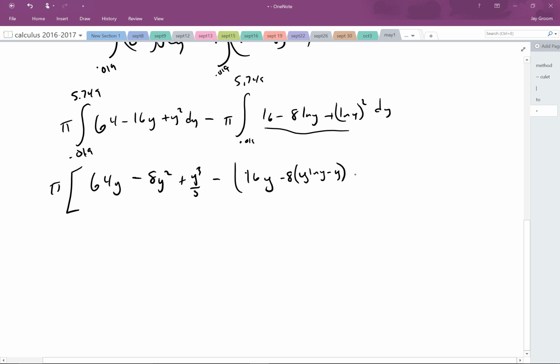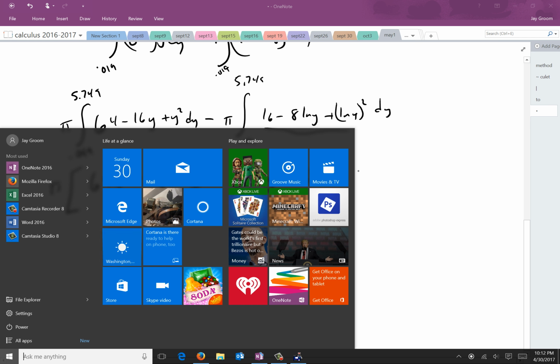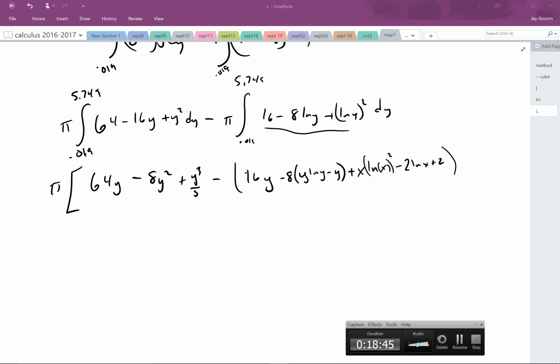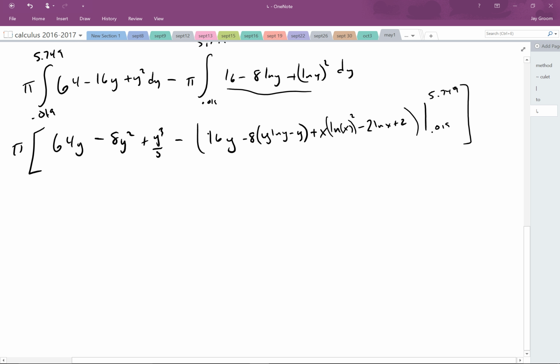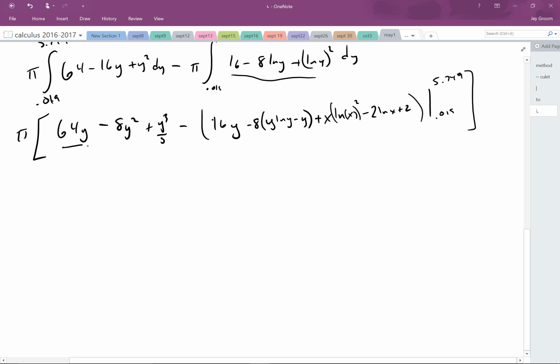I know that one off the top of my head. Okay, there it is, from 0.019 to 5.749. If you combine your y's, 64 minus 16 is 48y. These should be y's, you idiot.